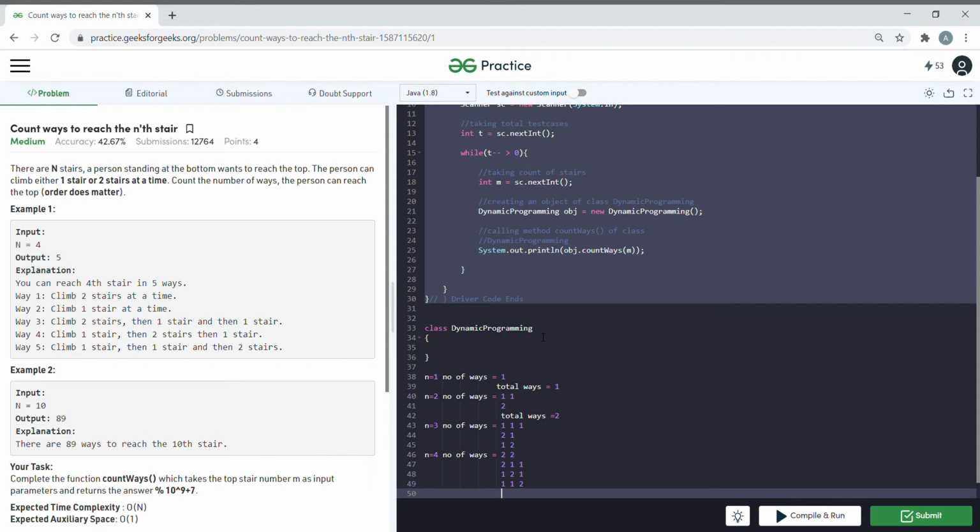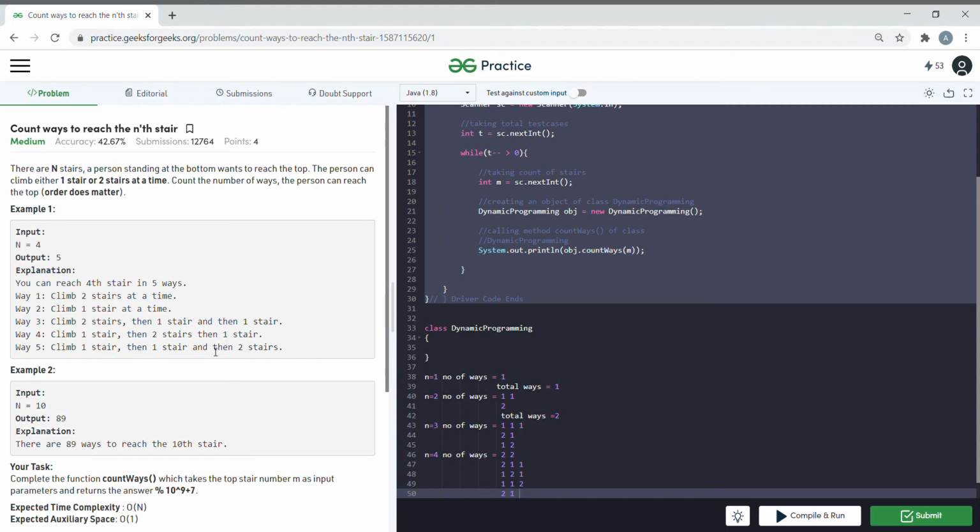1, 2, 3, 4. So there are 4 possibilities, or is there anything else? Yes. Therefore, there's this other possibility of 2, 1. Okay, so you can claim there are 5 ways.